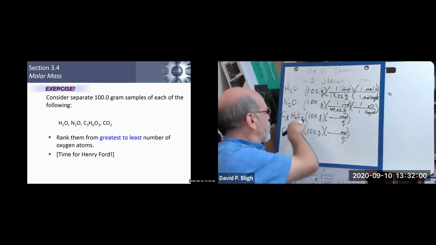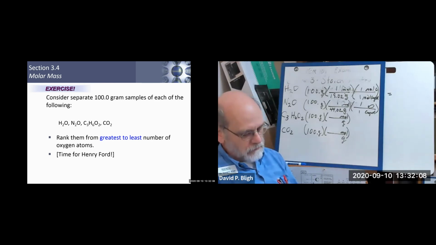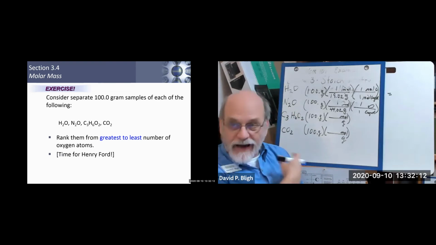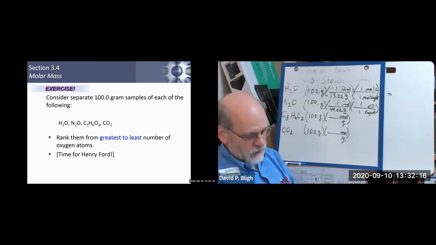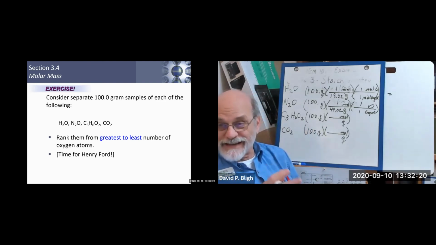Okay? How about this one? C3H6O2. All right. We just did carbon, 12.01. 3 times that. Hydrogen, look up hydrogen is 1.01. So 6 times that is 6.06. And then 2 oxygens, 16 each, is 32.